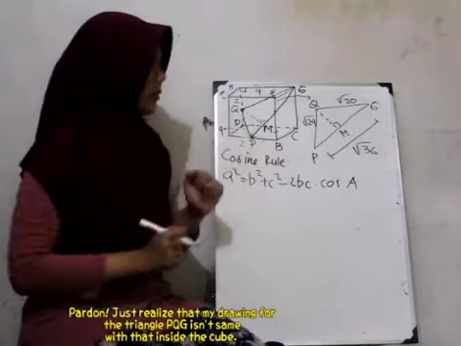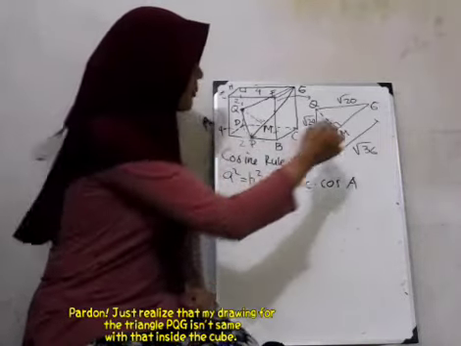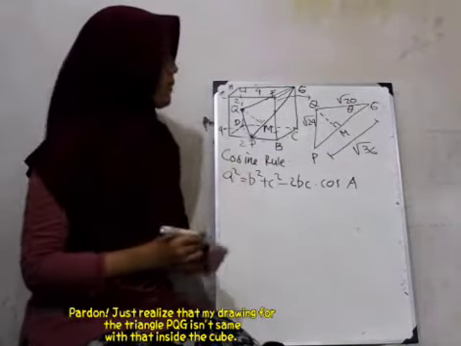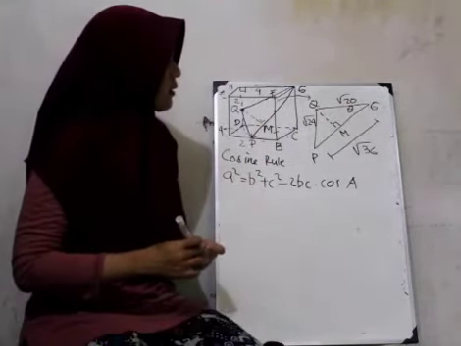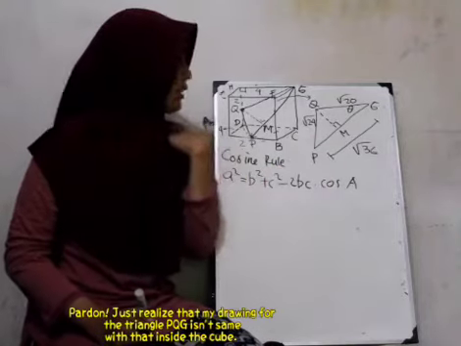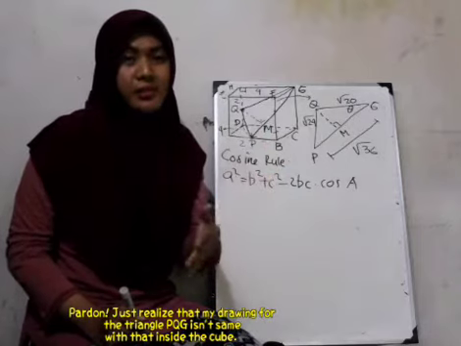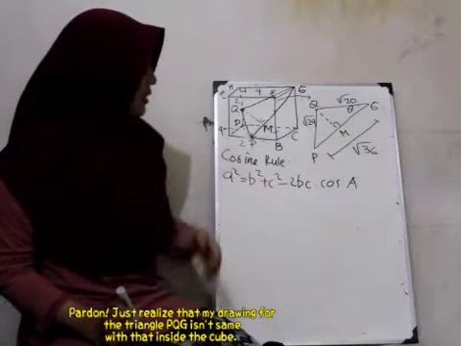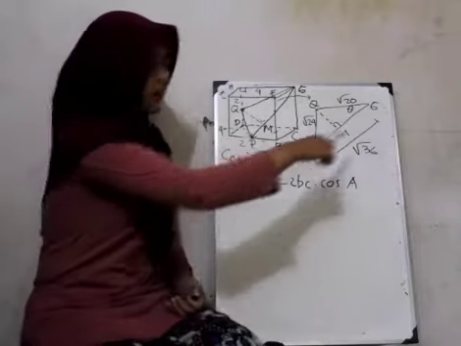If I suppose this angle is theta, can we put theta here? Of course you can. Just experience it by yourself, you will find the magic. So I write cos theta.